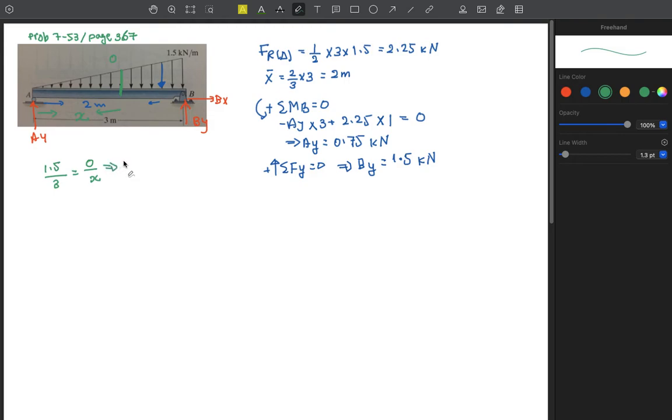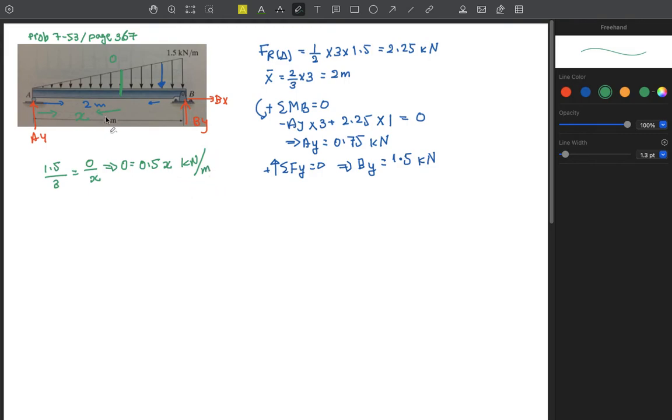So the height of this distributed load, O, should be 0.5x kilonewtons per meter. It's a function of distance, and here x is unknown.